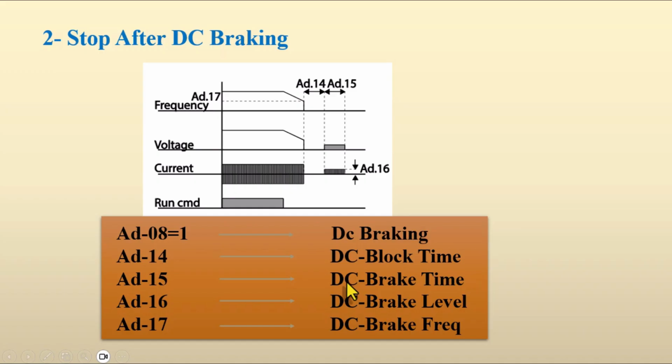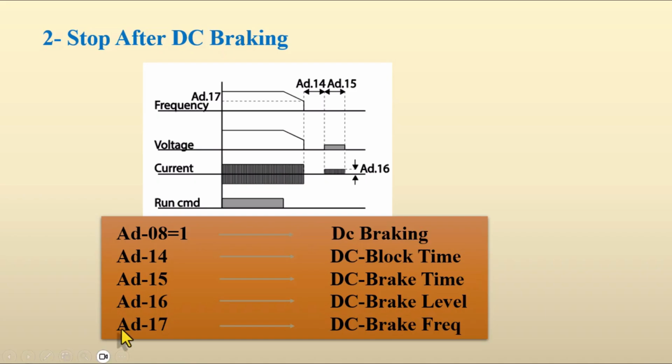For example, you set it to inject DC current into the motor windings for 3 seconds. In parameter AD16, you specify the DC brake level, meaning what percentage of the rated current you've specified should be converted to DC current and injected into the motor windings.